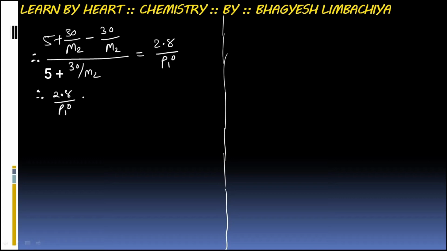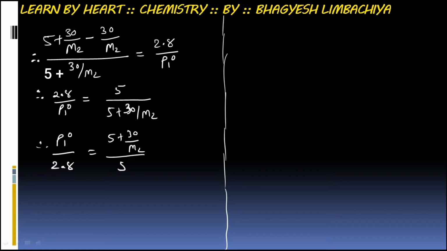So 2.8 divided by P1⁰ equals 5 divided by 5 plus 30 by M2. So P1⁰ upon 2.8 equals 5 plus 30 by M2 by 5. Here we have taken the reciprocal of both of the terms.